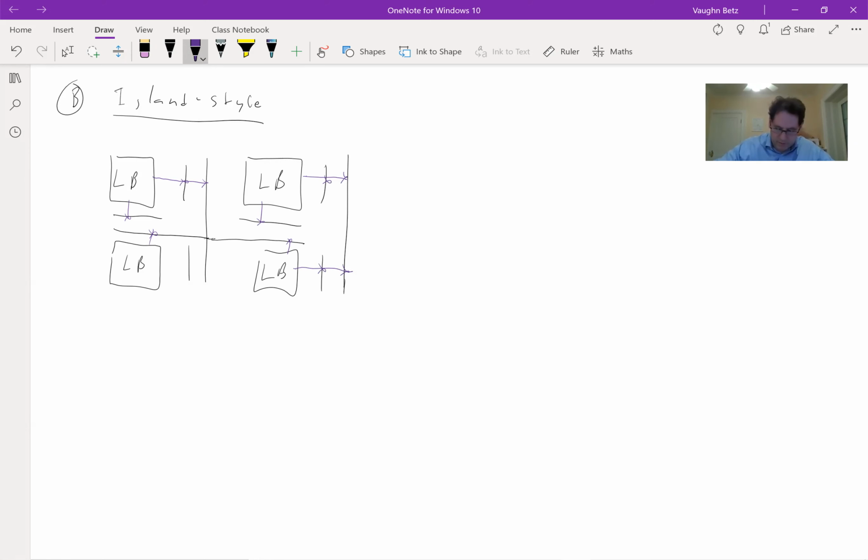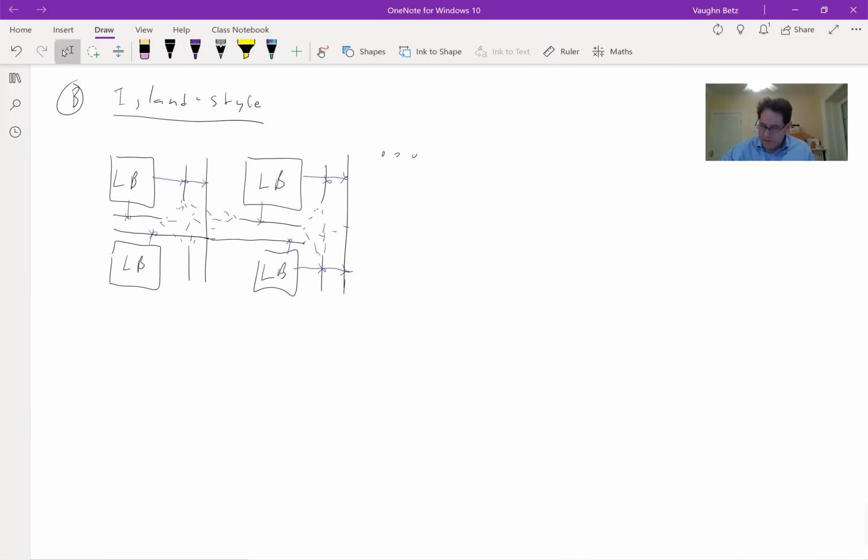Then there are programmable switches that let you connect the wires to each other, which I'll draw as dashed purple lines. When a wire ends, you have the option to go through a programmable switch and go further. You might also have the option, when a wire doesn't end, to use a programmable switch to connect to a different wire. So there's a bunch of programmable switches like that, and this structure really repeats. I've shown a tiny piece of an island style FPGA.